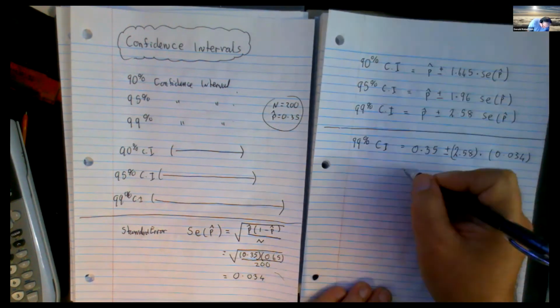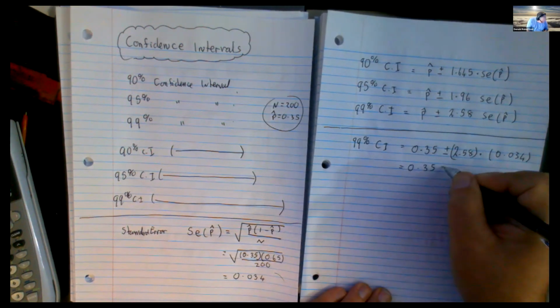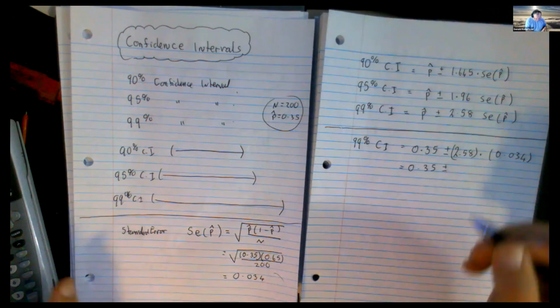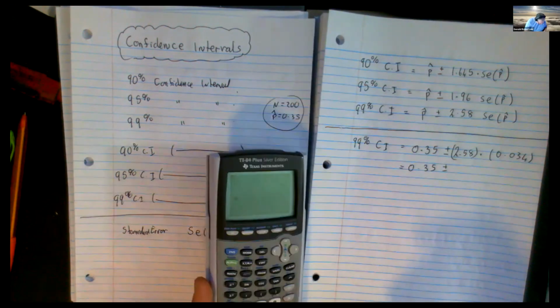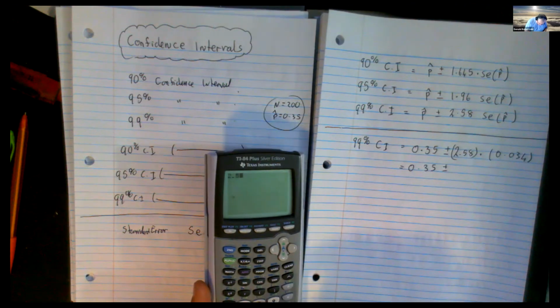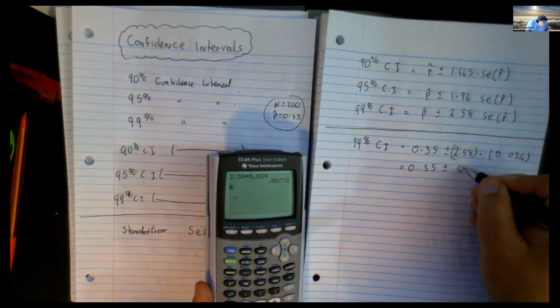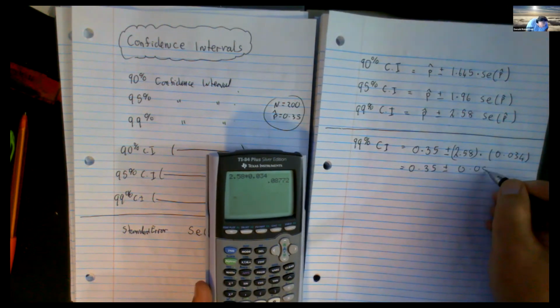And that's going to be 0.35 plus or minus, I'll bring my calculator into play now. So it's going to be 2.58 multiplied by 0.034. And the answer we get is 0.08.